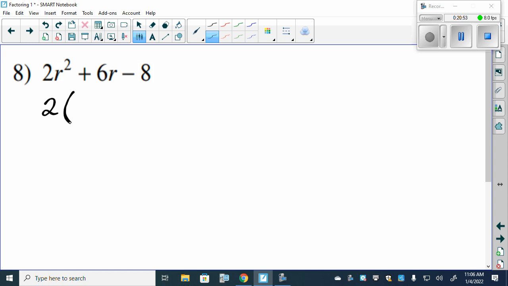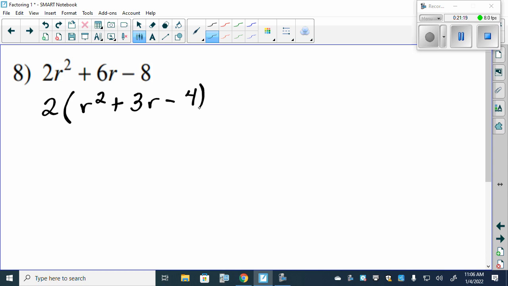And when we factor the 2 out, really we're dividing each term by 2. Our 2r squared divided by 2 will leave us with r squared. Our 6r divided by 2 will be plus 3r. Minus 4.